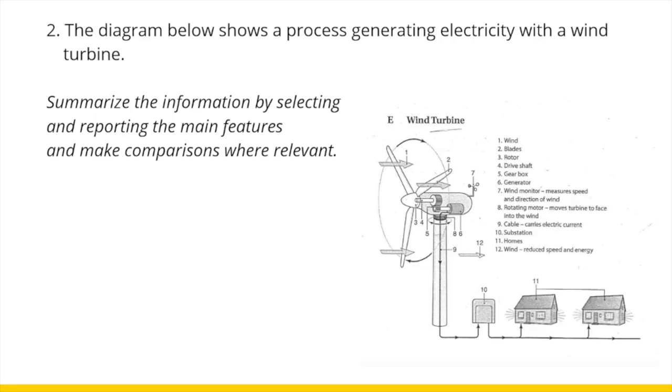And again, just like your graphic and the previous before and after essay about changes, you have the same type of requirements. Summarize the information by selecting and reporting the main features and make comparison where relevant. And that's it for our process kind of diagram. So this is just an example for you to see.